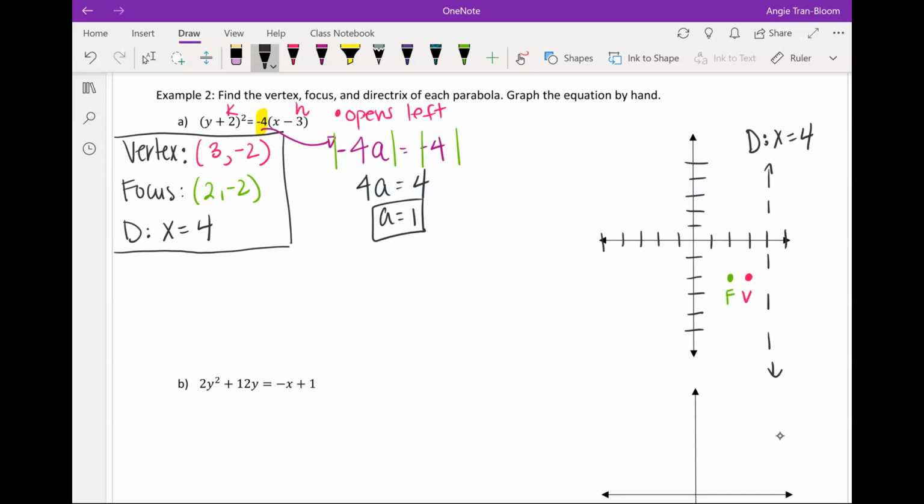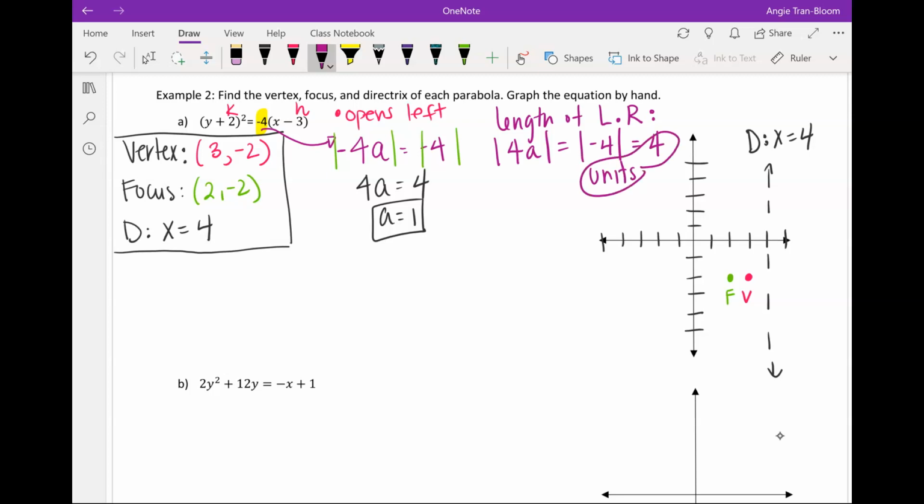If we know those three, we now need to find the total length of the latus rectum. The length is always the absolute value of 4a, which happens to be the absolute value of 4, which is 4 units total.